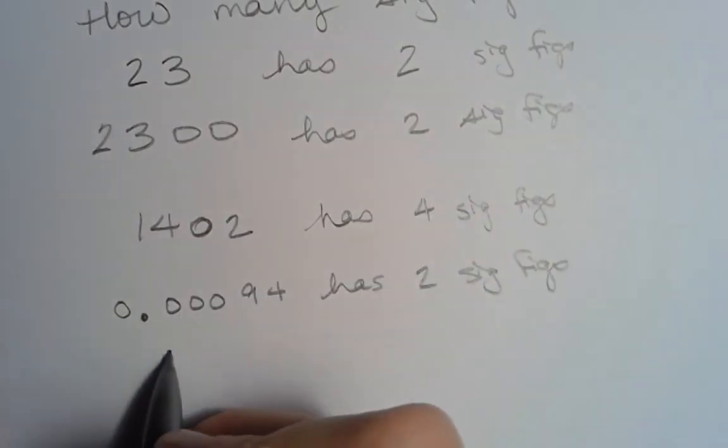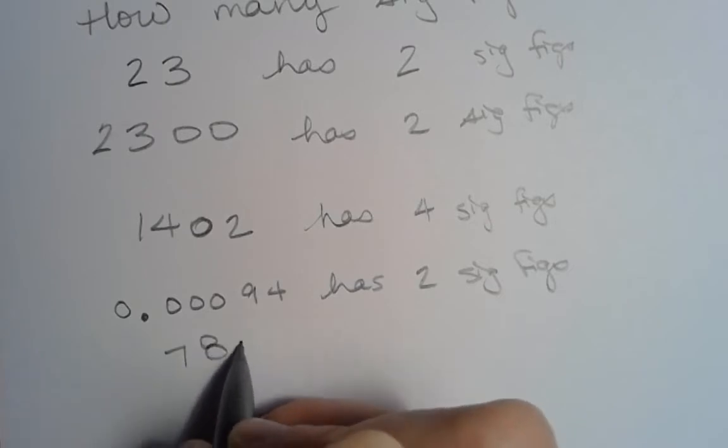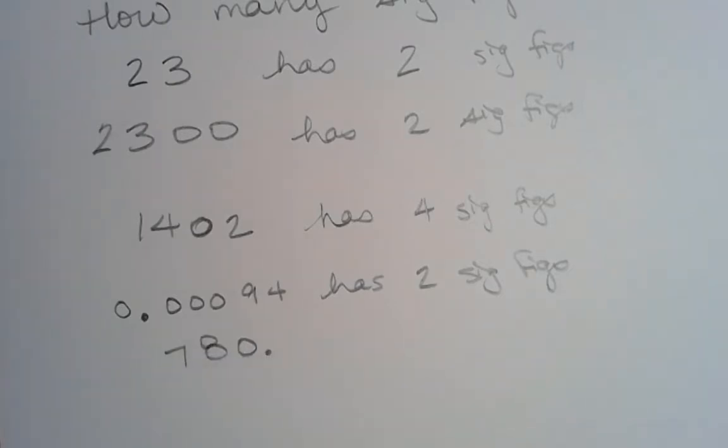Let's do another number. Here you have a trailing decimal, not to be confused with a leading decimal. If your decimal is in the front of your number, it doesn't contribute to significance, because beginning zeros are never significant.